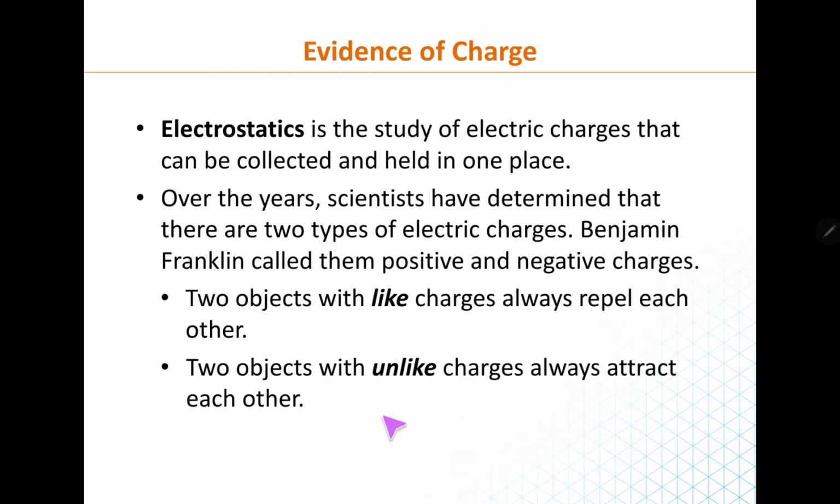Now, if we have an object that has a negative charge near another one which has a positive charge, the two objects with unlike charges always attract each other.